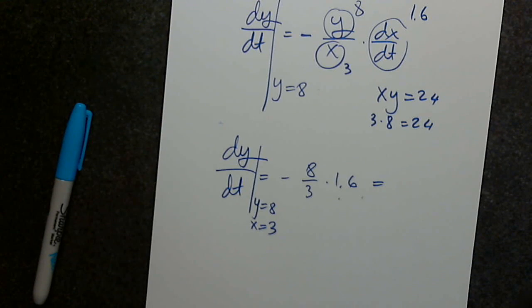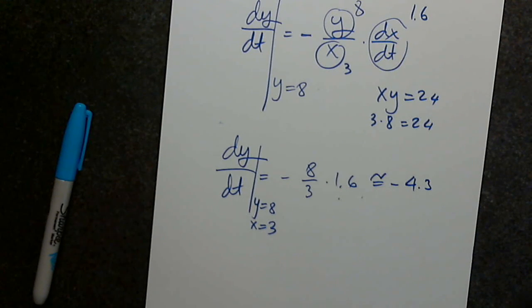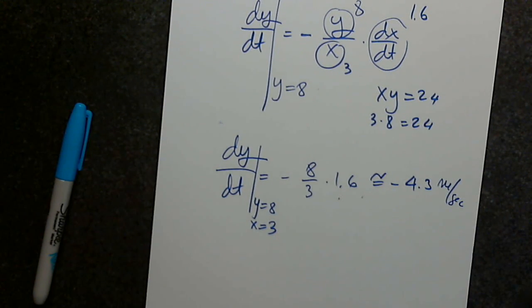I got 4.3 approximately. Of course, negative 4.3 what? The rate of change of distance with respect to time.